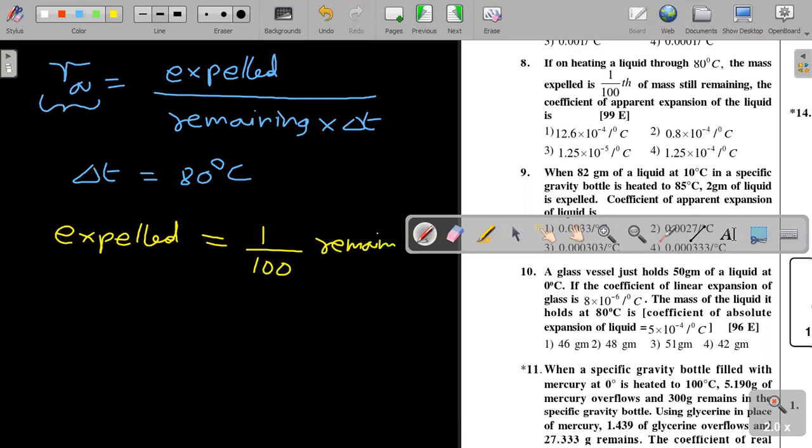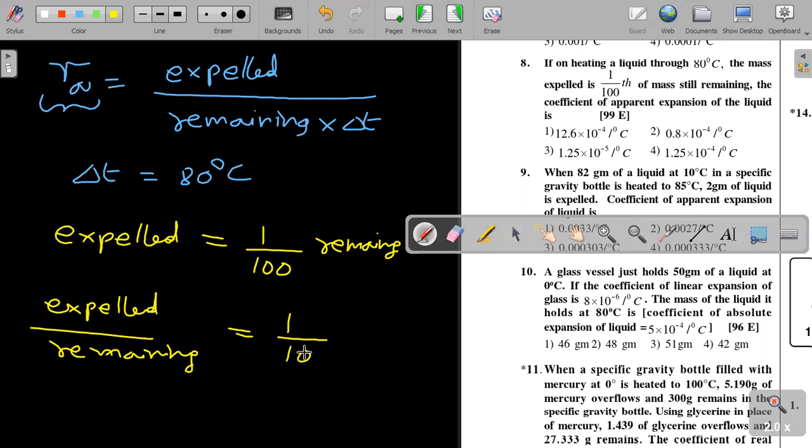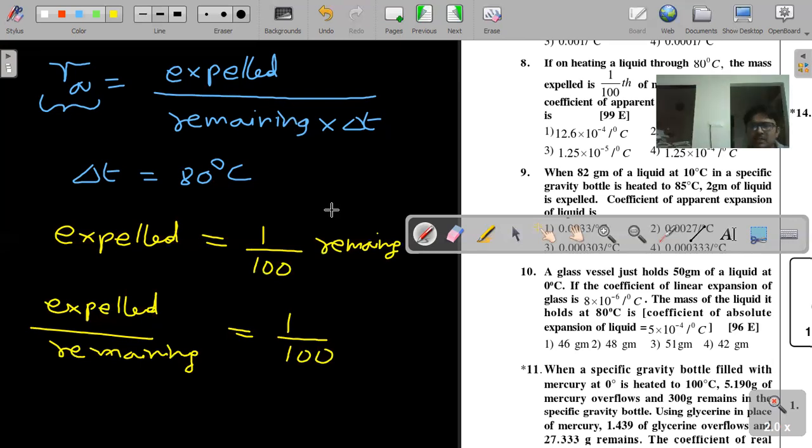So 1 by 100th of remaining means I can write expelled liquid by remaining liquid is equal to 1 by 100. Is it clear? Yes, sir. So this is the information they provided to us.